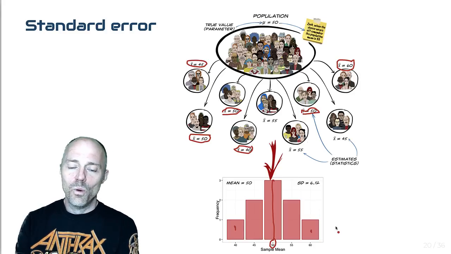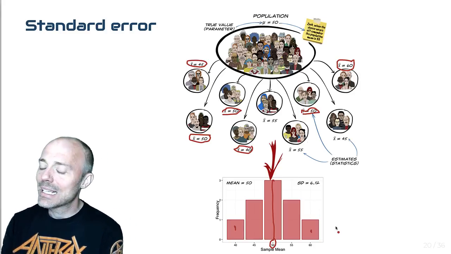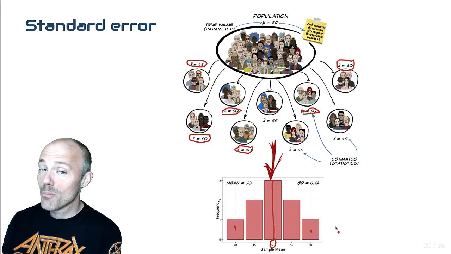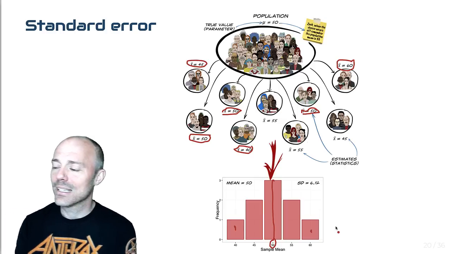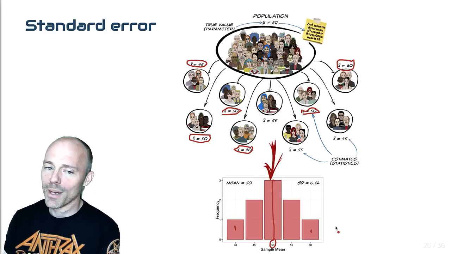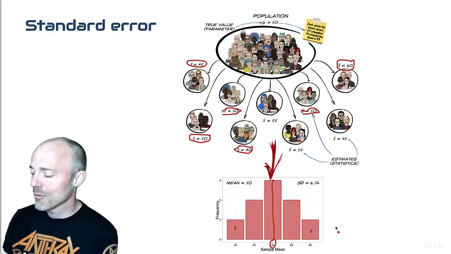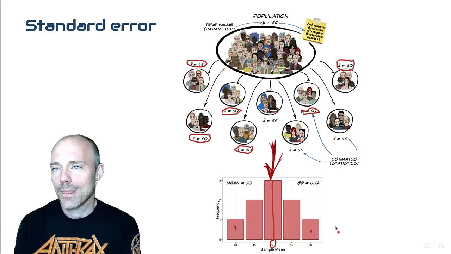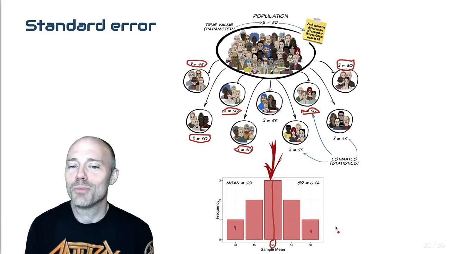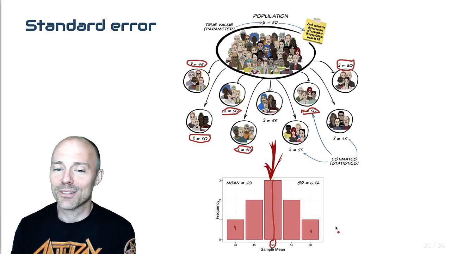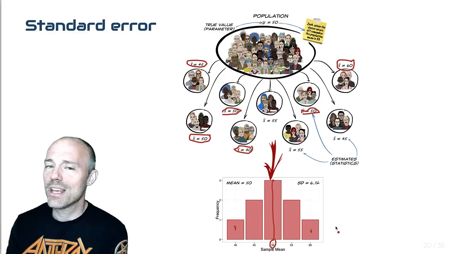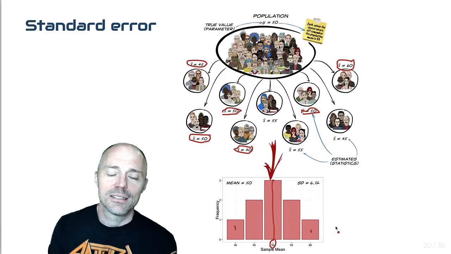What we've got down the bottom here, which is a distribution of sample estimates, is what's known as a sampling distribution. When you hear people talk about a sampling distribution, it's a kind of theoretical distribution, because you wouldn't ever really go out and collect hundreds of thousands of samples. So a sampling distribution is a theoretical entity. It's like a unicorn.